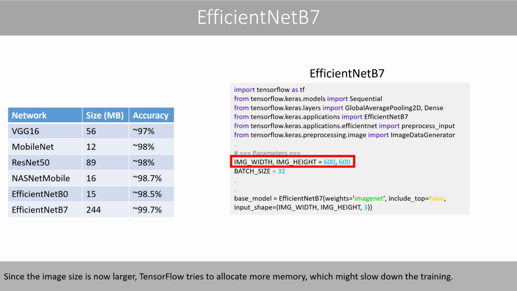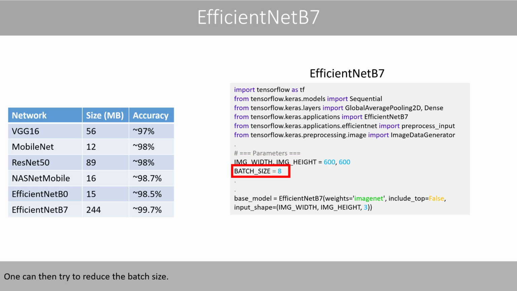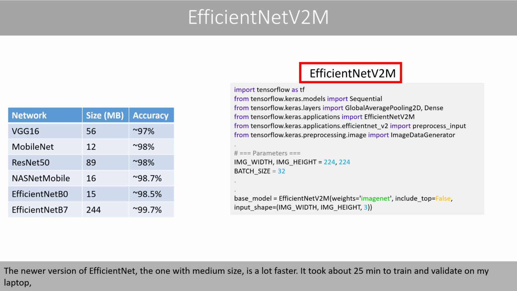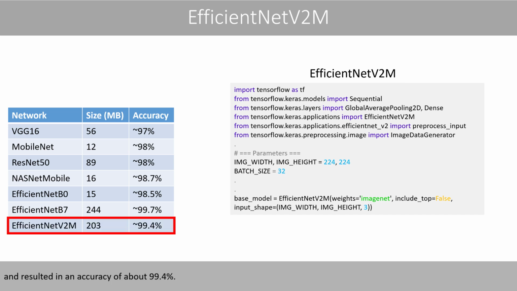Since the image size is now larger, TensorFlow tries to allocate more memory, which might slow down the training. One can then try to reduce the batch size. The new version of EfficientNet, the one with medium size, is a lot faster. It took about 25 minutes to train and validate on my laptop, and resulted in an accuracy of about 99.4%.